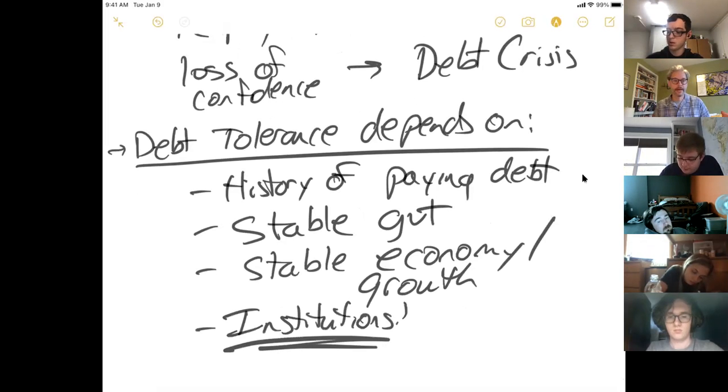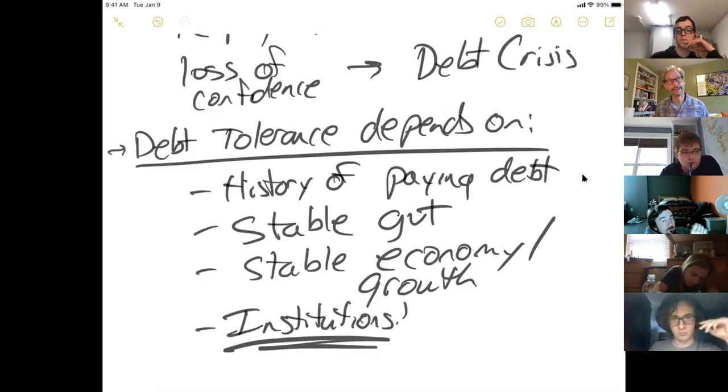To put this another way, this really gets back to this concept of institutions, right? Do the institutions in your country exist so that governments are encouraged to engage in productive behavior like paying off their debts? Or to what extent does the government just simply see debt as a way of stealing money from people?